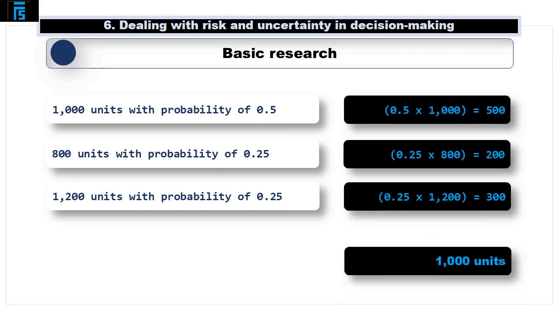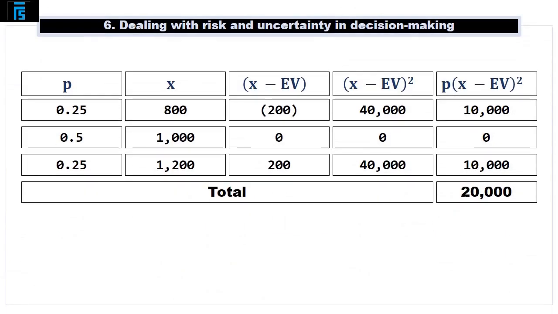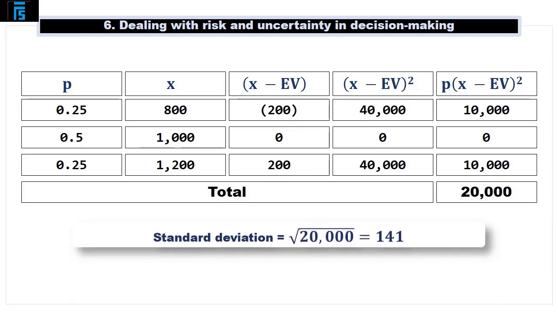The expected value is calculated as 0.5 times 1,000 plus 0.25 times 800 plus 0.25 times 1,200, which is 1,000 units. The standard deviation can be calculated by building up a table as follows. The standard deviation would be the square root of 20,000, which is 141.